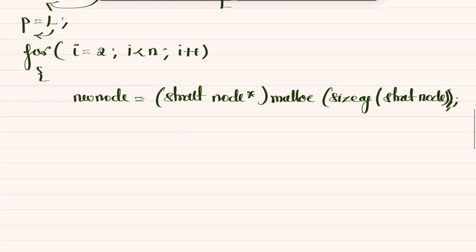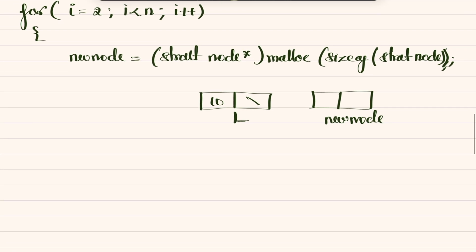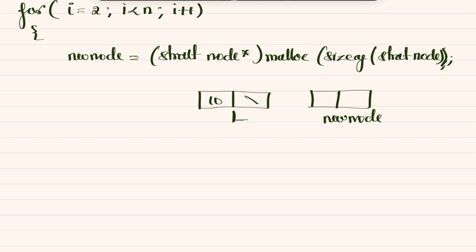Once the new node is created, we already have L, which contains the value 10, and the next field is initially null, and the new node is now created. So this is called new node and the name is new node. And now we are going to read the value of this new node.